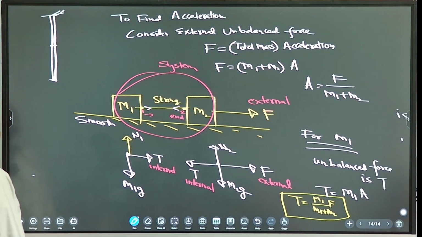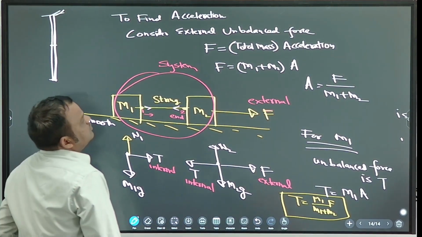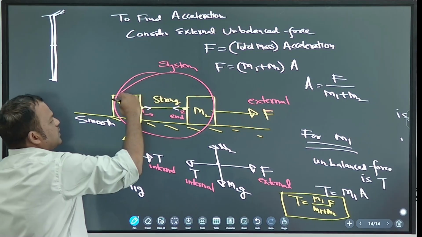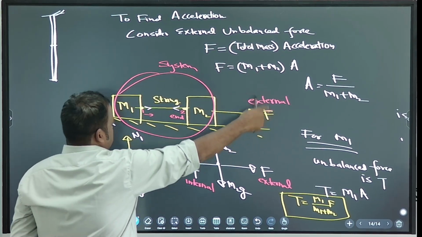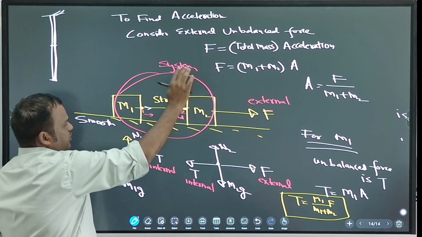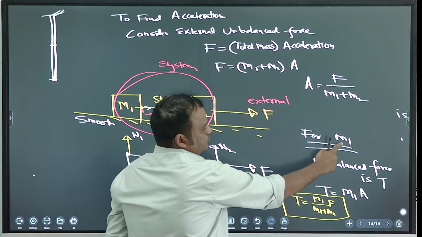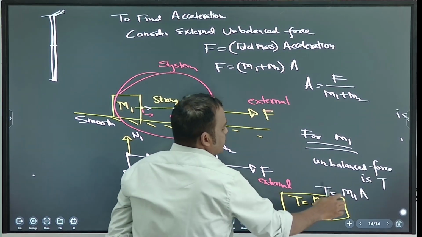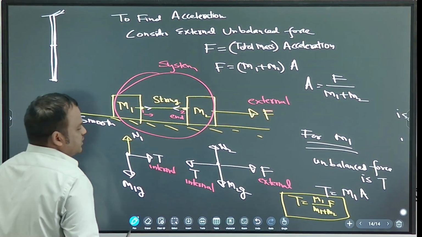Okay. So to find acceleration, consider external unbalanced force is equal to mass into acceleration. So for whole system, it is M1 plus M2 and external force is F. So F is equal to M1 plus M2 into A. And only for M1, unbalanced force is T. So T is equal to M1 into A. So formula for tension is M1F by M1 plus M2.